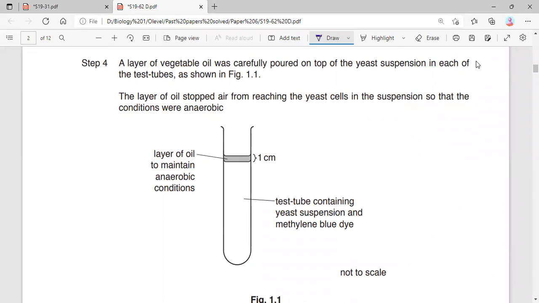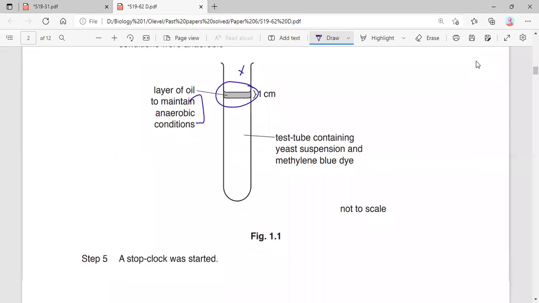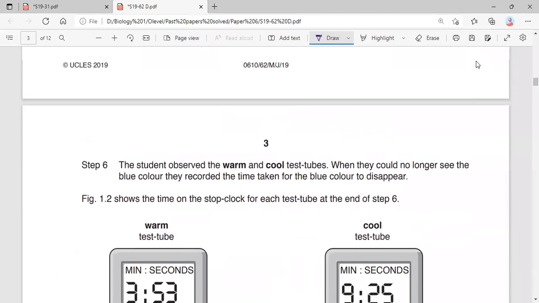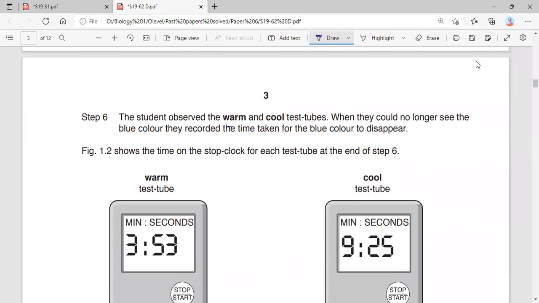Okay. He then put a layer of oil over the yeast to maintain anaerobic respiration, to prevent the oxygen from entering, so that the yeast can do the anaerobic respiration. A stop clock was started. He observed the warm and the cool test tubes.